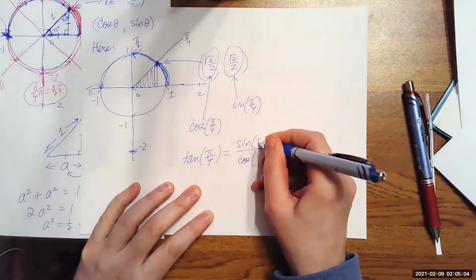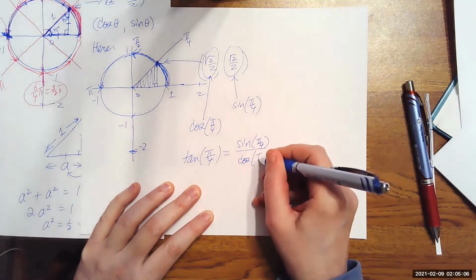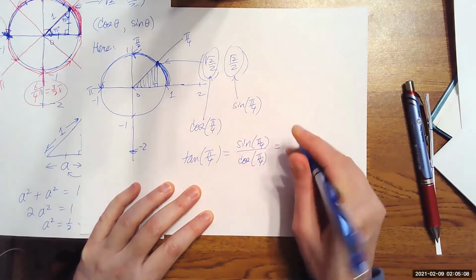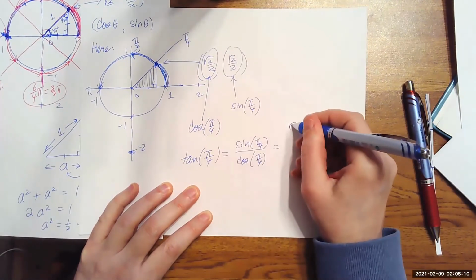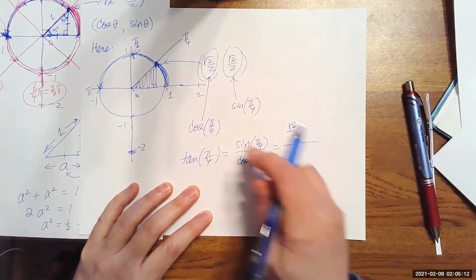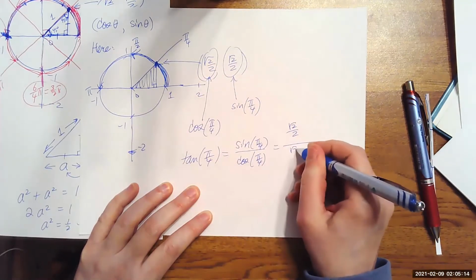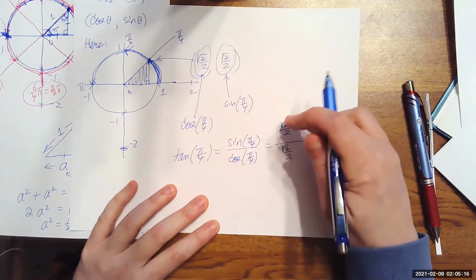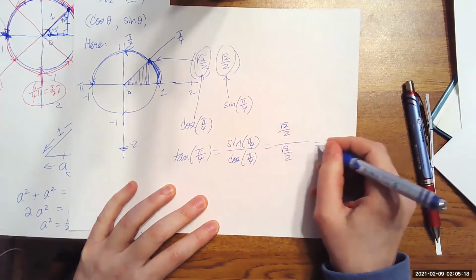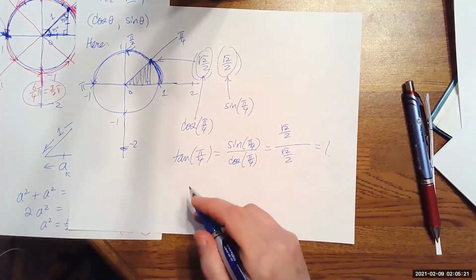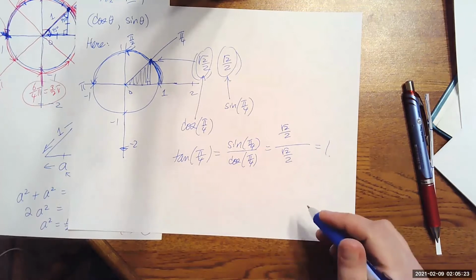So sine of pi over 4 over cosine of pi over 4. The sine is the second coordinate, square root of 2 over 2. The cosine is the first coordinate, square root of 2 over 2. We have this over itself. Our answer is 1. And so the tangent of pi over 4 is exactly 1.